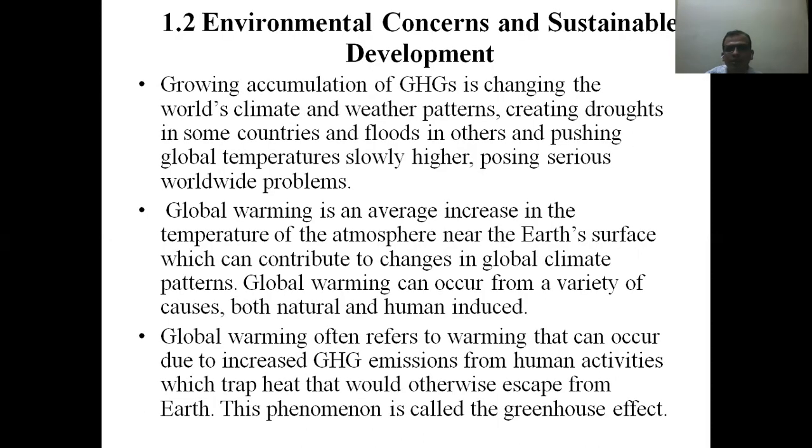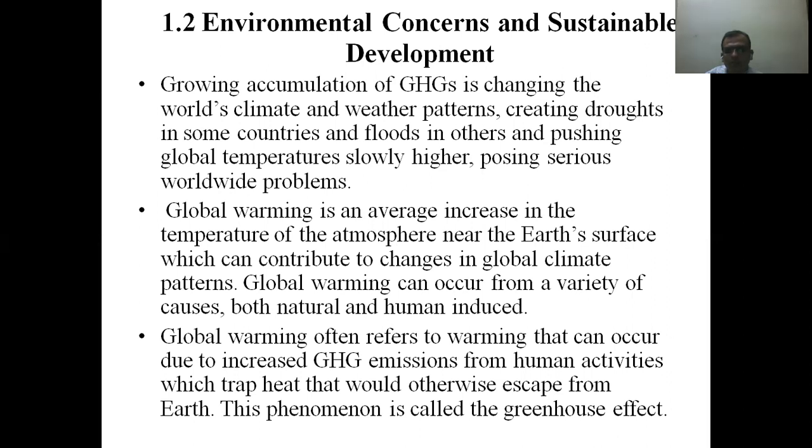Next, environmental concerns and sustainable development. The growing accumulation of GHG is changing the world's climate and weather patterns, creating droughts in some countries and floods in others, and pushing global temperatures slowly higher, posing serious worldwide problems.